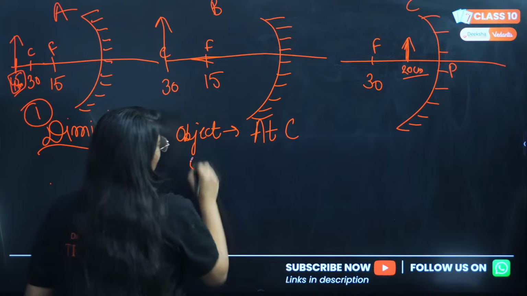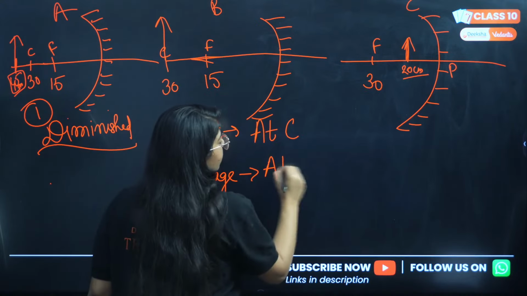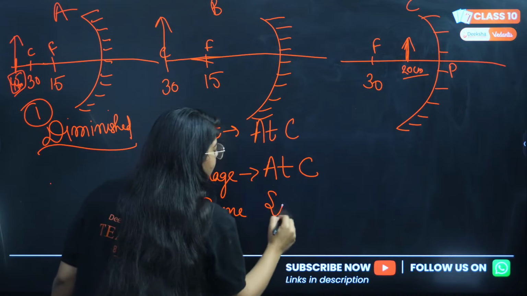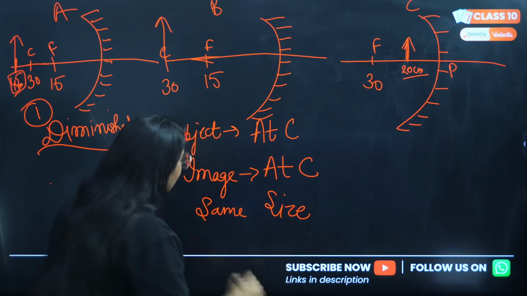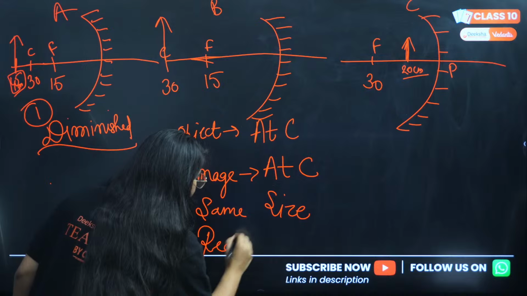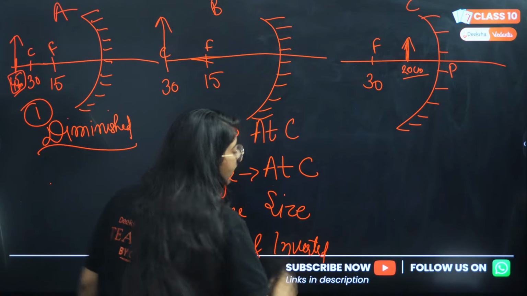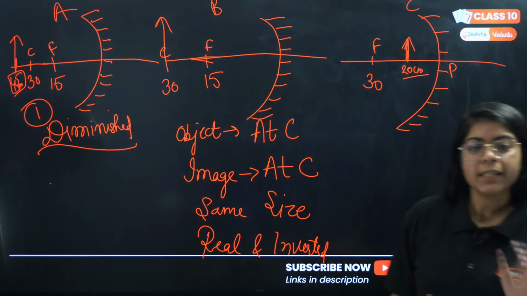The image formed will again be at the center of curvature. It will be of the same size, but since it's a concave mirror, it will be real and inverted, not virtual and erect. Okay, it will be real and inverted, correct?